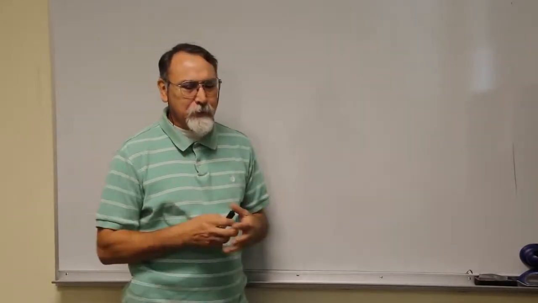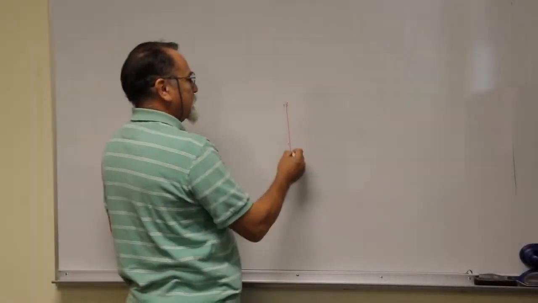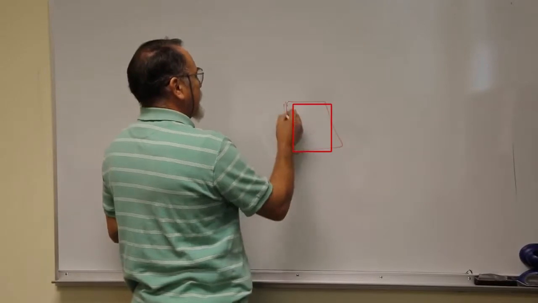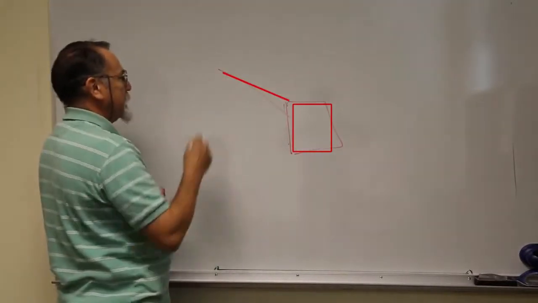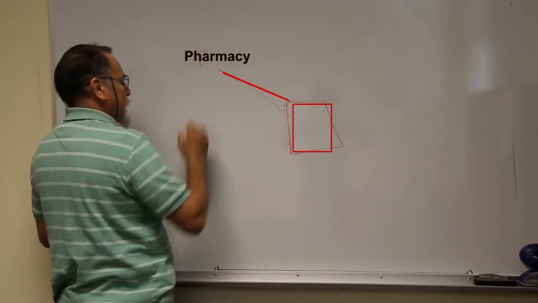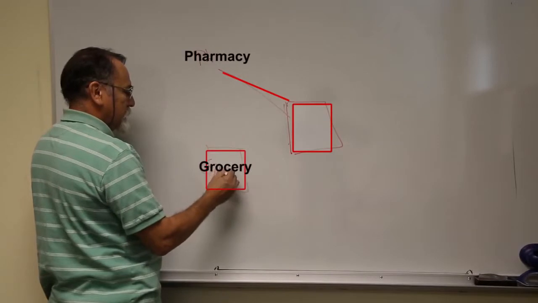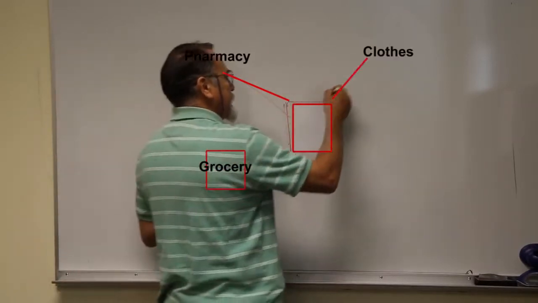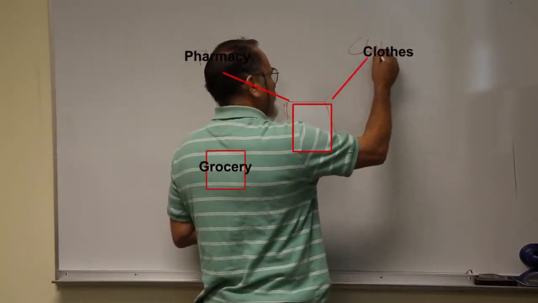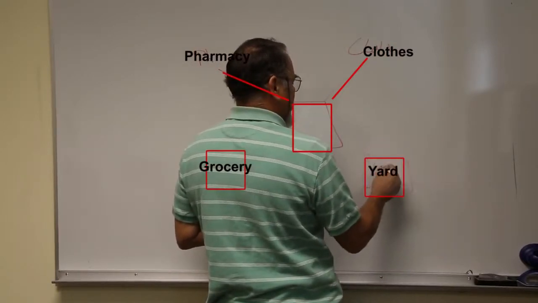Now, here's one of those things. Let's take any department store or retail store with one centralized location, where you would have the pharmacy, maybe the grocery section, some place that sells clothes, and yard and garden.